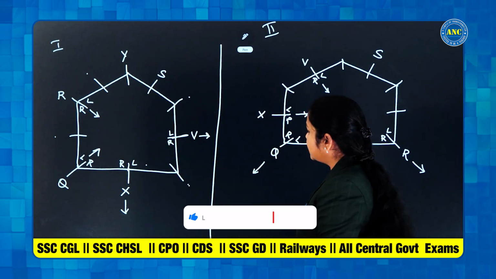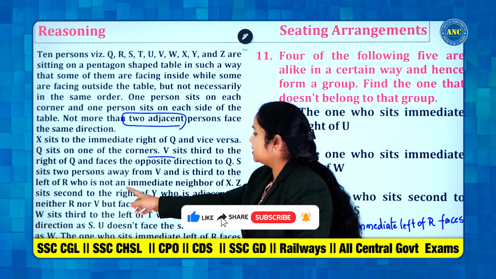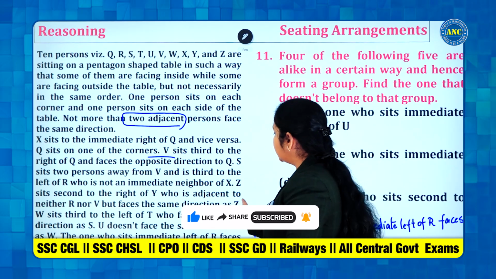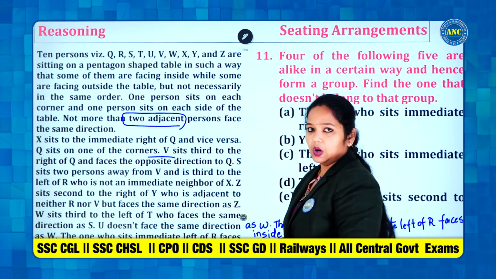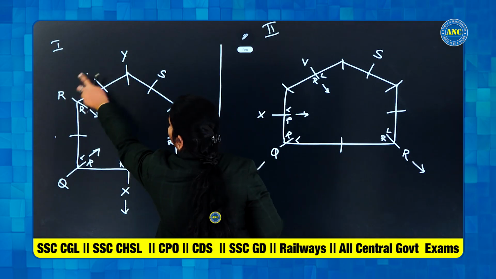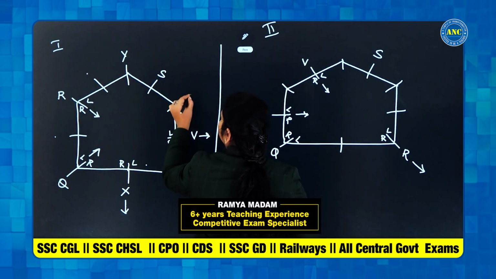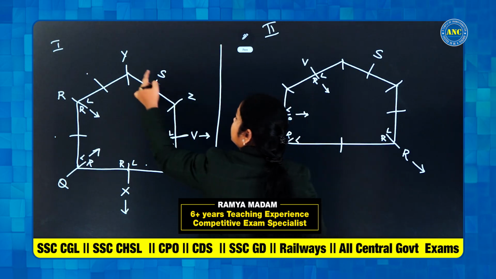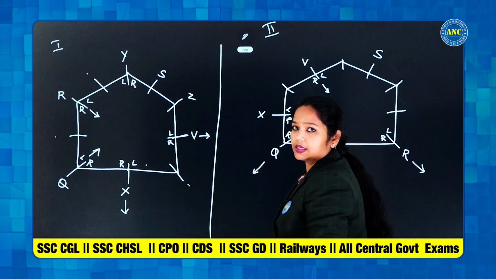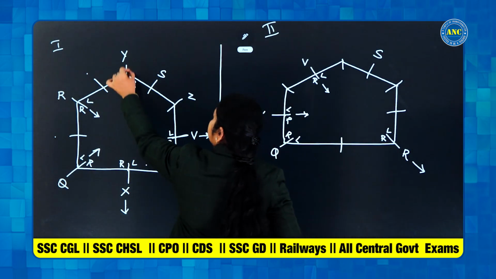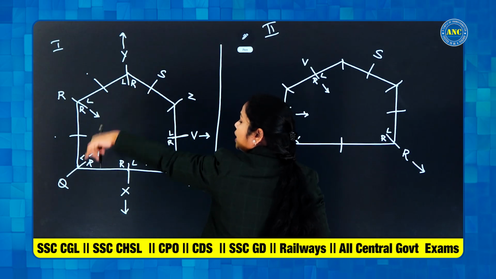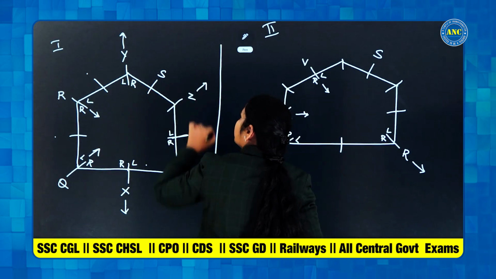And they say Z sits second to right of Y. Z is same direction as Y. So, this side second place R is occupied. So, this side second place only I can take Z. Second to right of Y. So, this is right, this is left. When Y is facing away from the center, according to the statement, Z also faces away from the center.